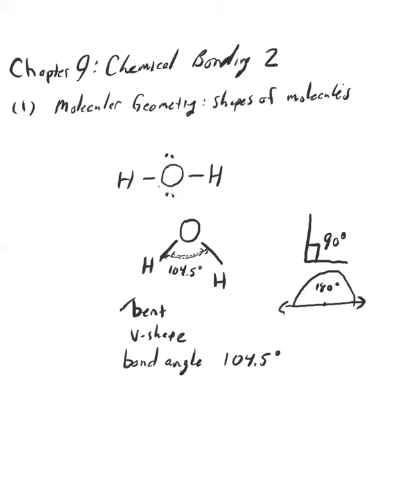And then from that, we're going to be able to look at some of their properties. The shape of a molecule actually affects its properties. We all know, for example, that water is polar, right? It has a dipole. That means it has electrical properties. And those electrical properties of water are very important.